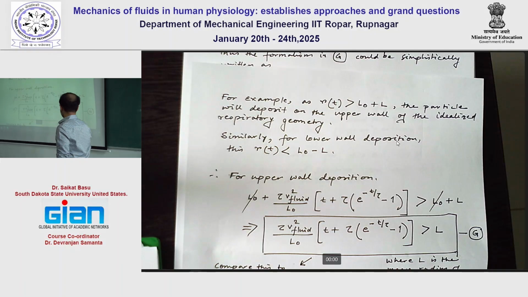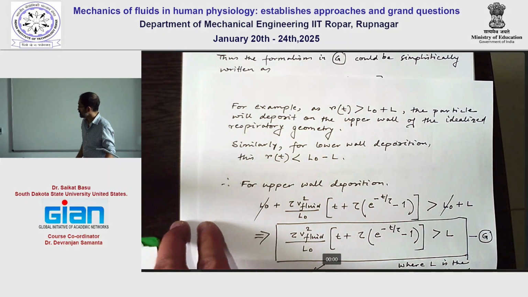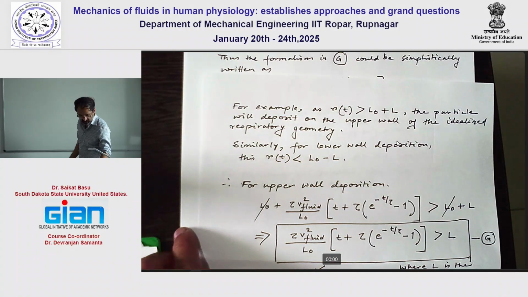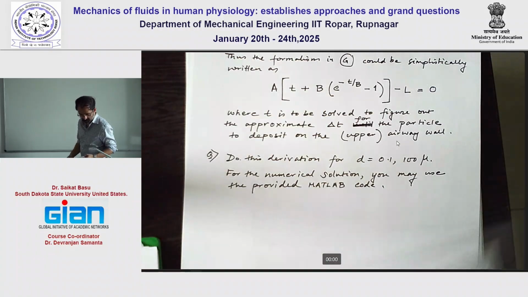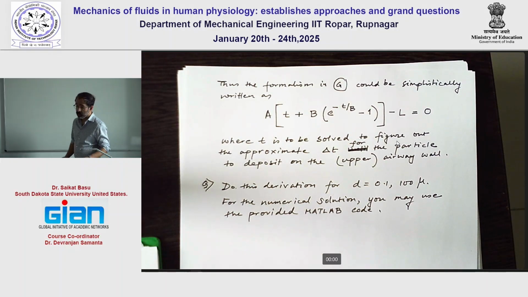So when we are using this criteria, and from this inequality, when we moved to the equality, we took L to the other side and it became a minus L. That minus L would be plus L if we rather try the lower wall deposition. I haven't tested the code for that yet. I don't know if it would work, but we can try it out. But the thing that I think should work is the upper deposition. So let's try that.